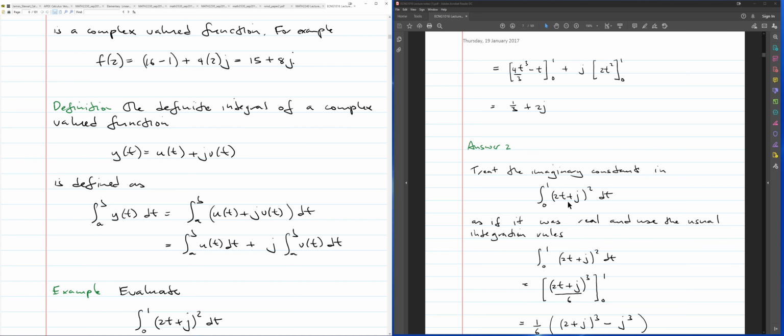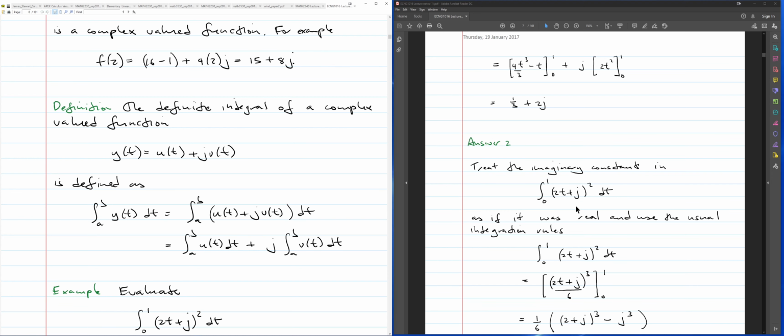So how would you integrate this? Well, you could use a substitution, u equals 2t plus j. But another way is really just integrating the bracket raised to a power. You get 2 plus 1, which is 3, and then you divide by a constant.